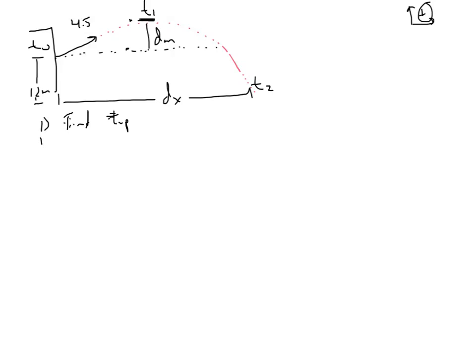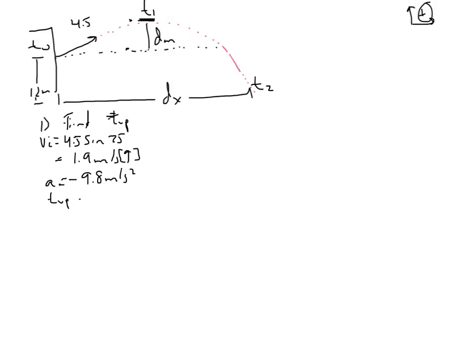Okay, we know that vi is going to be the vertical component of the velocity, which is going to be 4.5 times the sine of 25, which is equal to 1.9 meters per second up. We know that the acceleration is working against the velocity, so it's negative 9.8 meters per second squared.